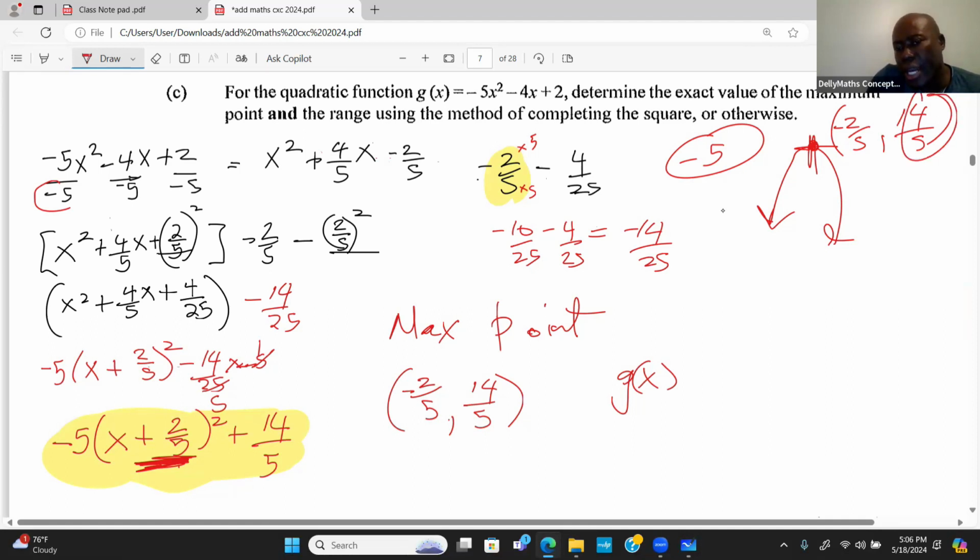So it's going to be less than or equal to that number right there. So the range is that g of x will be less than or equal to 14/5.